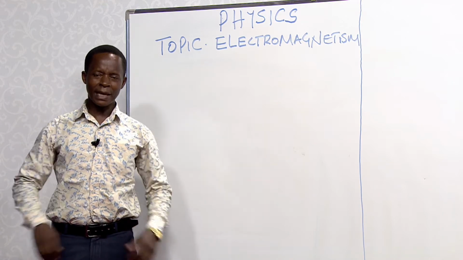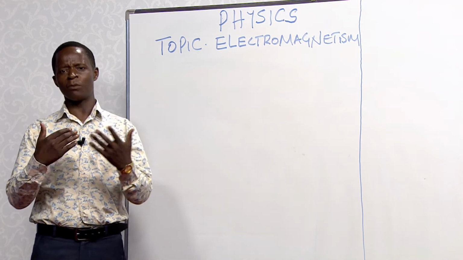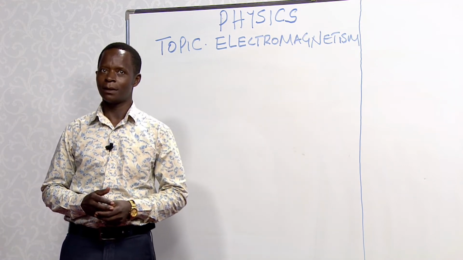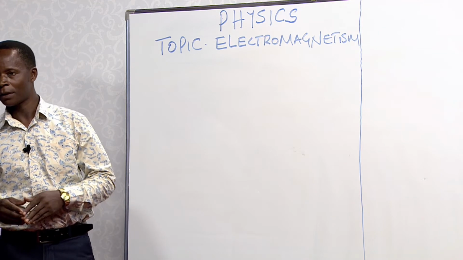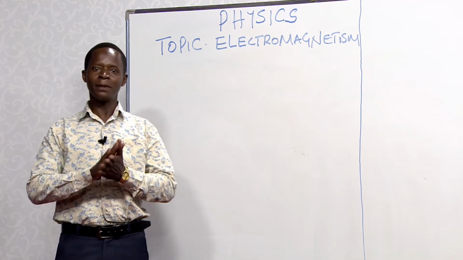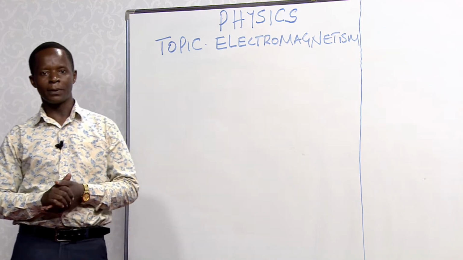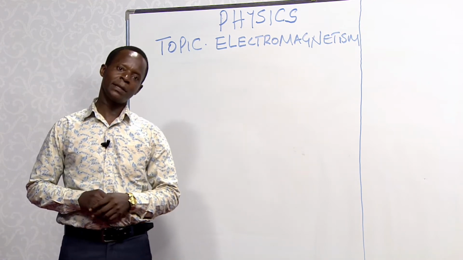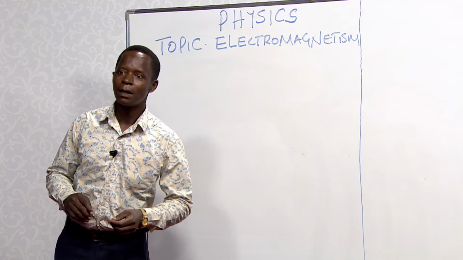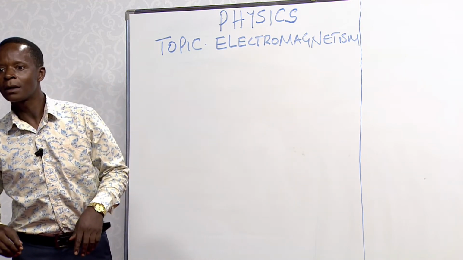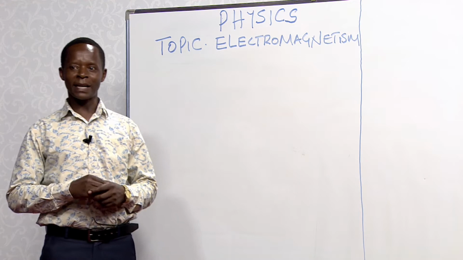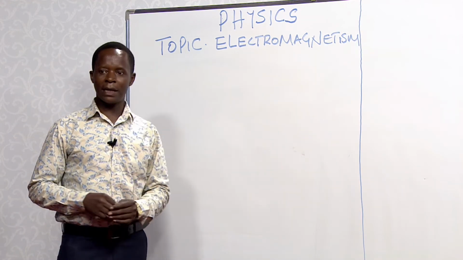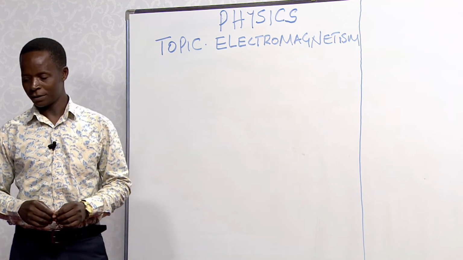So now, when we say electromagnetism, what comes to your mind? Electromagnetism is the production of a magnetic field when electric current is flowing.